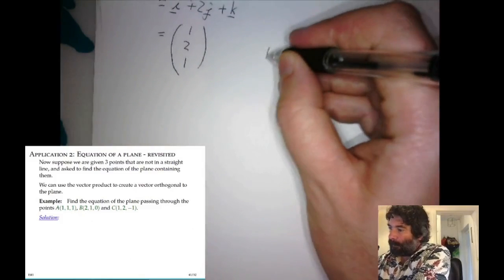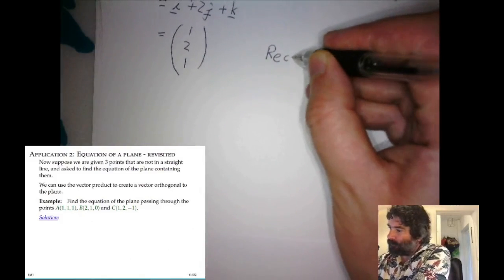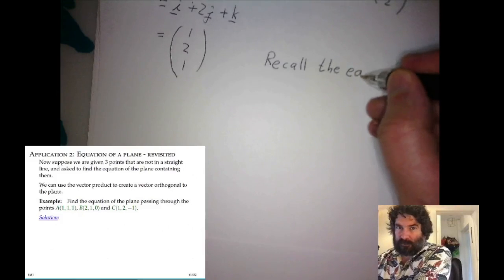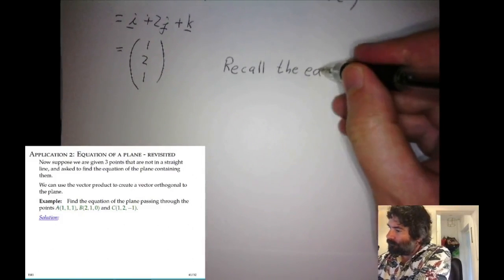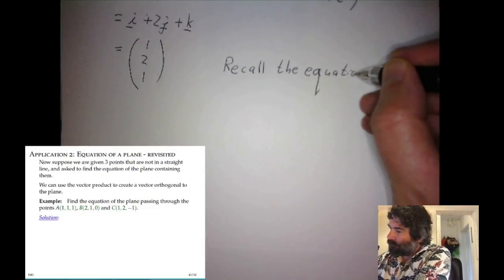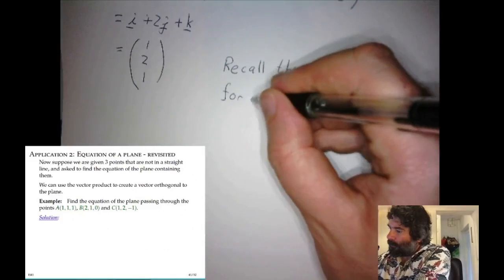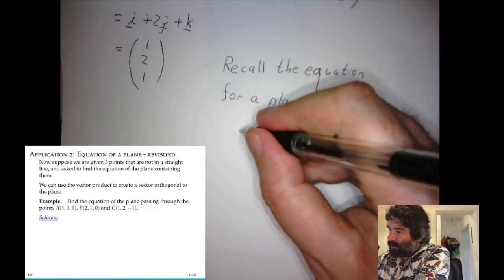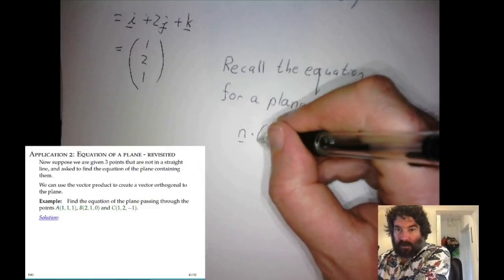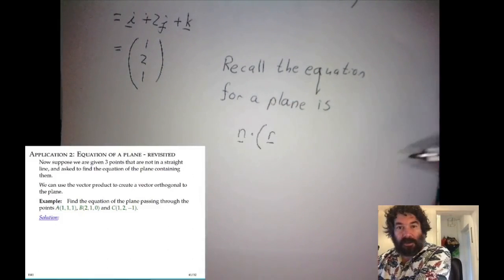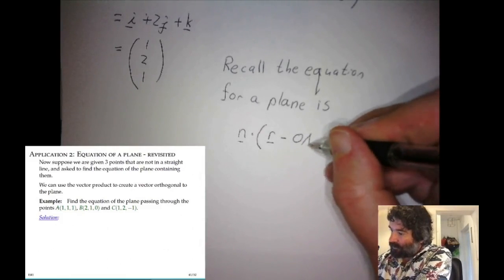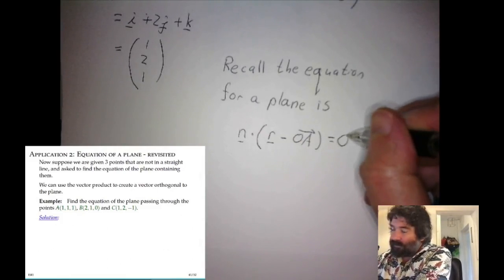So recall the equation for a plane is the normal vector dot with the position vector of a point in the plane, labeled r, minus the position vector of a known point in the plane, a, equals 0.